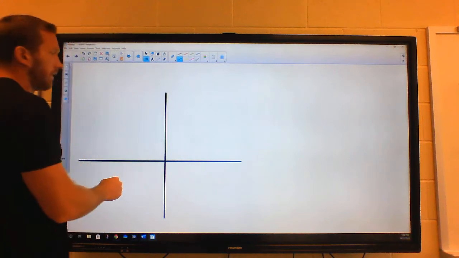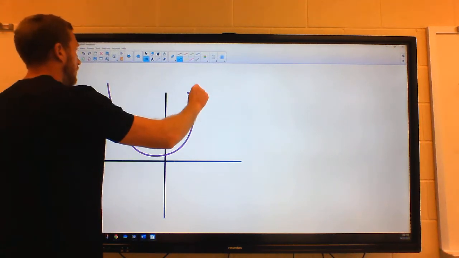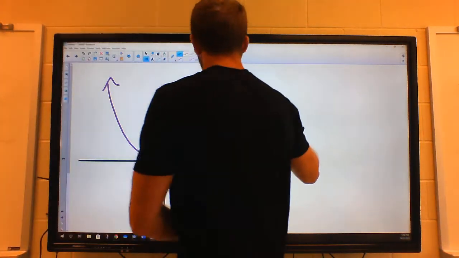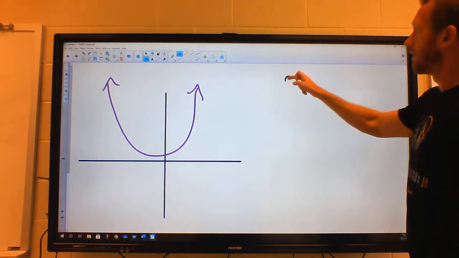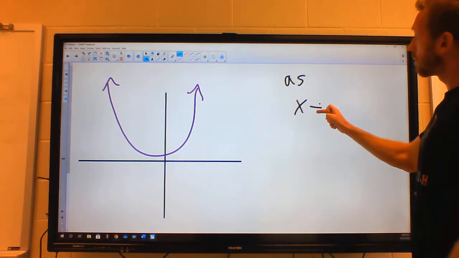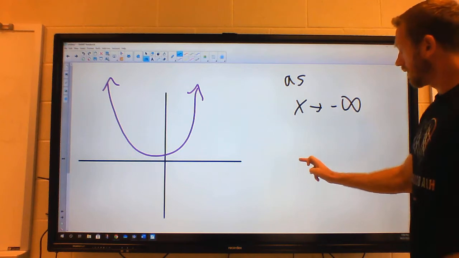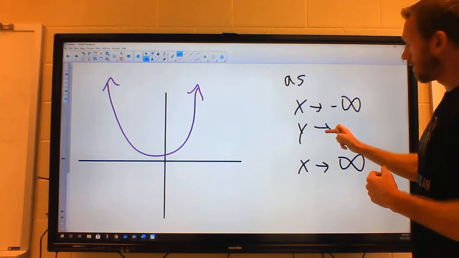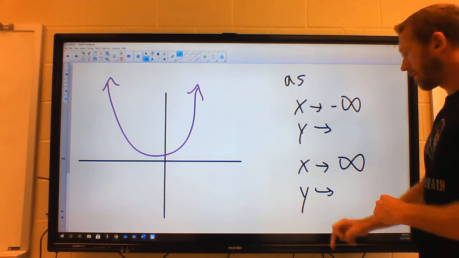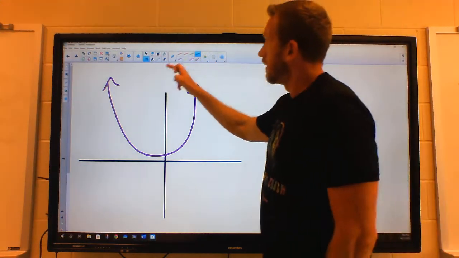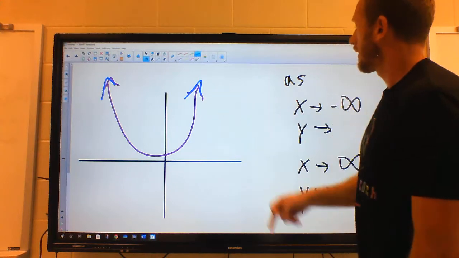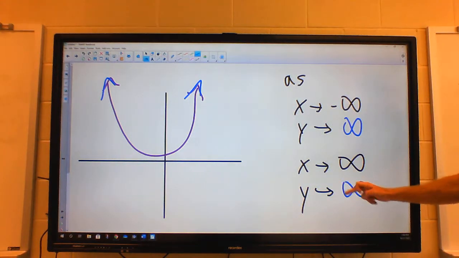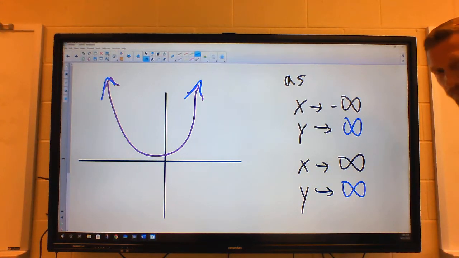So let's put it together on a scenario like this. Once again, we always have as x approaches the left and x approaches the right. That's always there. What we're trying to identify is, what is y approaching? Left side goes up, right side goes up. Both answers are infinity.